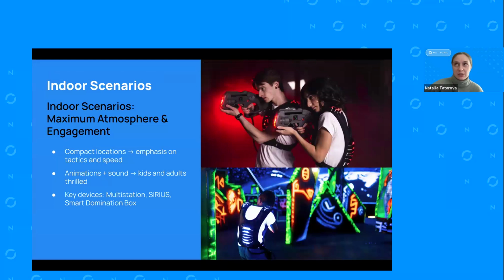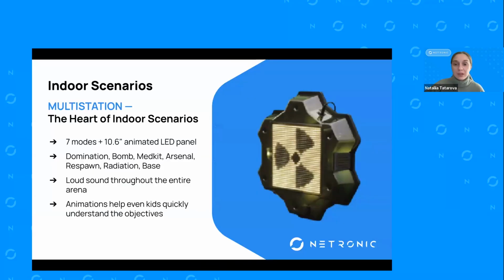Here, we would like to talk more about the devices in the indoor scenarios. We already covered the SIRIUS station and the smart domination box that are used in indoor scenarios as well. But here we can highlight another device that is used indoors only, that is the multi-station. What is interesting about this device is that, first of all, it needs to be connected to the power supply all the time.